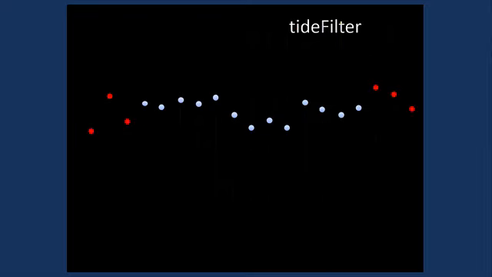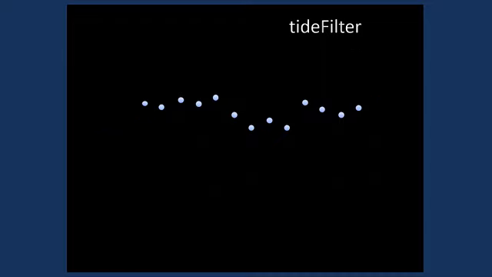But there's a problem: these red dots. We weren't able to do any averaging for those red dots because they were on either end of the window we were using for sampling. If we have a window that's this wide, the first point we can actually produce a result for is here in the middle, and the same thing happens at the other end.